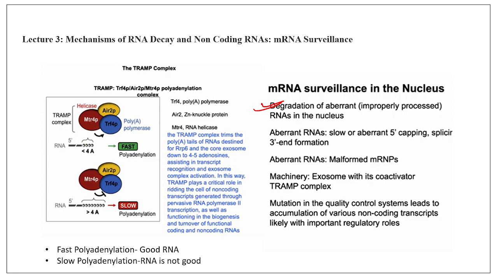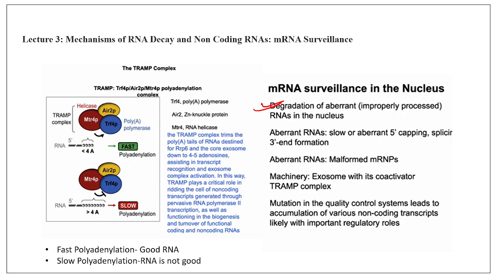See, two things can happen. First, because it is improperly processed, it will not make its respective protein, or it will make a protein which is not functional, or it will make a protein which is functional but it will code for some different function, and that different function can be very detrimental for the cell, for the body.